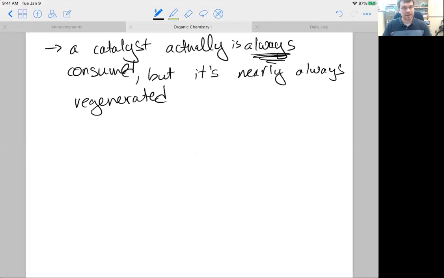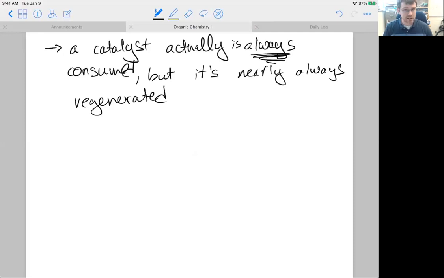Okay, so here's the issue. People like to say that a catalyst is never consumed. So they'll say the definition of a catalyst in some class is going to be something that speeds up a chemical process, a chemical reaction, and is never consumed. It's a really fun definition to say because it's a surprising thing to add something to a chemical reaction and see it never be consumed.